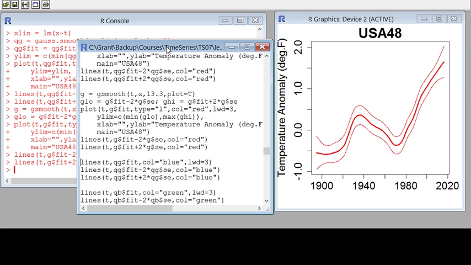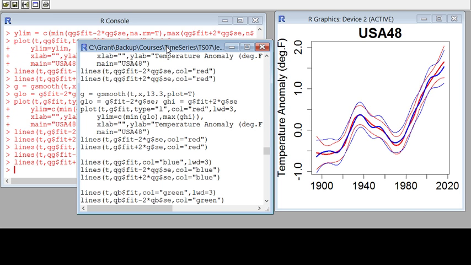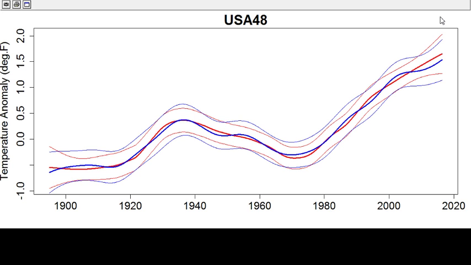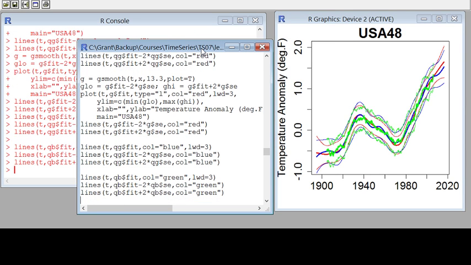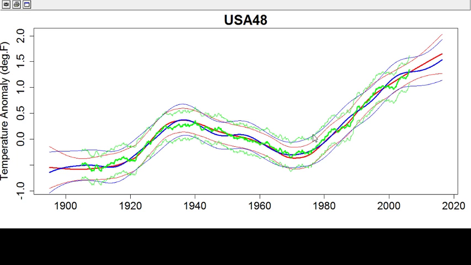If I compare this from the lowess smooth to the Gaussian smooth, I can see it's pretty much the same. Very similar smoothed values and very similar error envelope around it. If I compare them to the boxcar filter, pretty much the same thing. The boxcar filter is quite choppy at short time scales. That's just one of its characteristics.